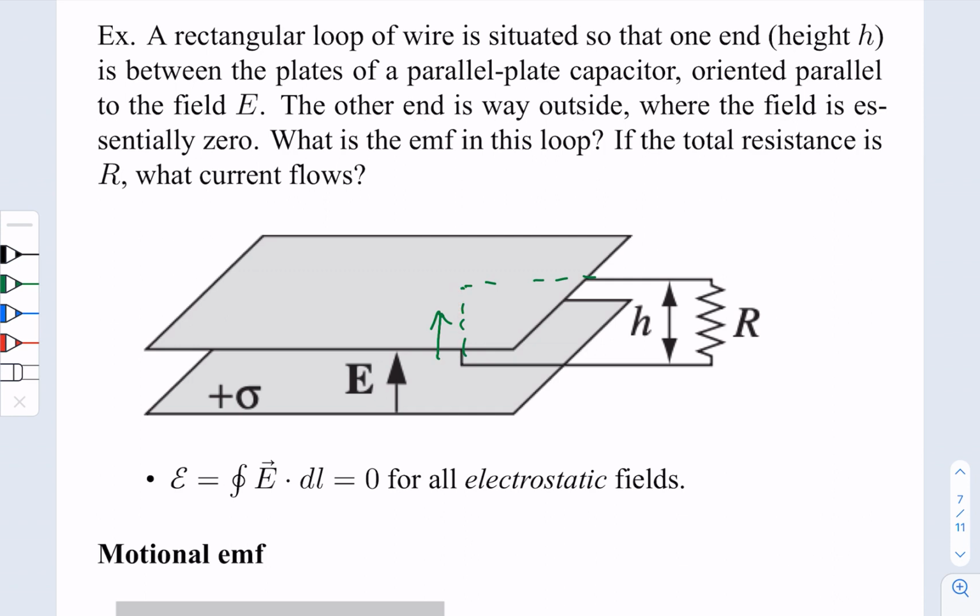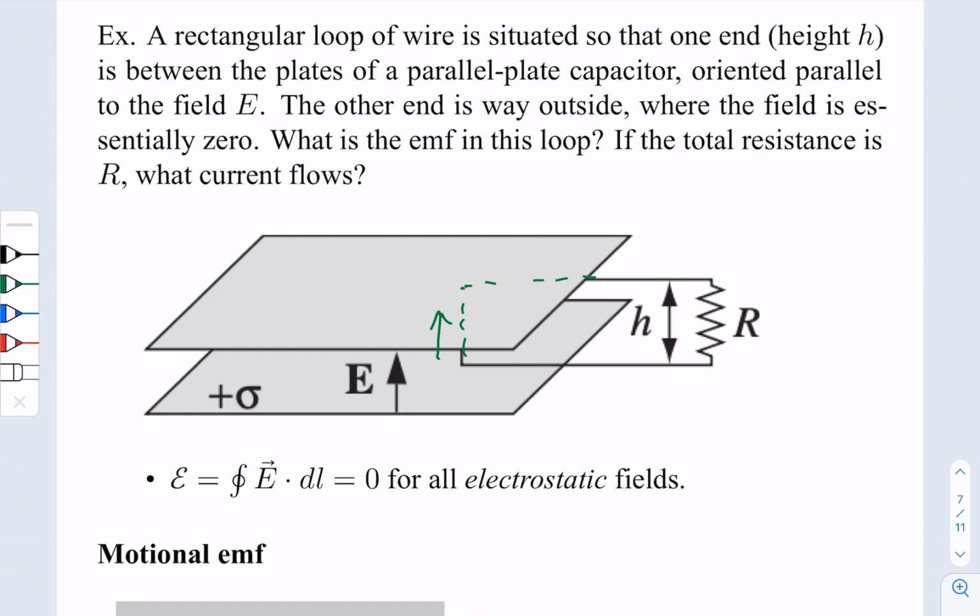But this seems to be against physics intuition. If this is true, then won't it mean that there will always be a voltage difference across this resistor?